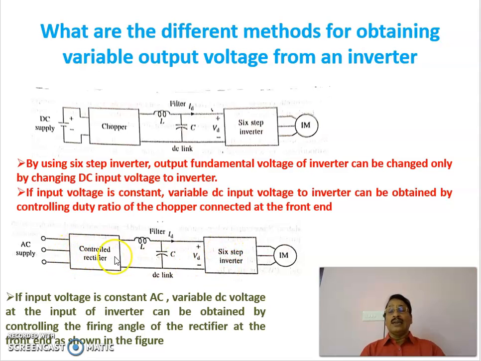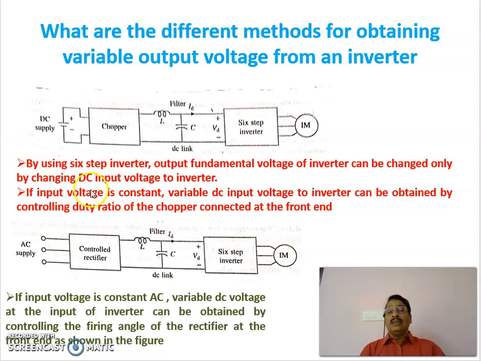At the controlled rectifier output, there is an LC filter to get a constant voltage at the input of the 6-step inverter. Thereby you can vary the fundamental output voltage available at the stator of the induction motor.